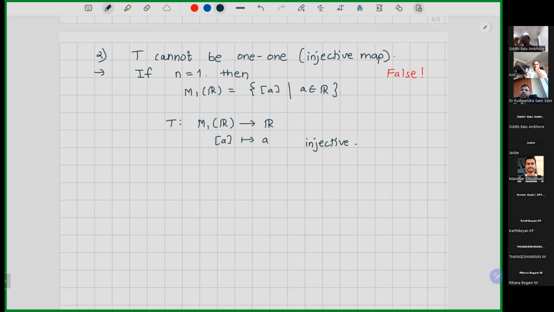Can you explain this again? T cannot be a 1-1 injective map. Again, I explain for you.